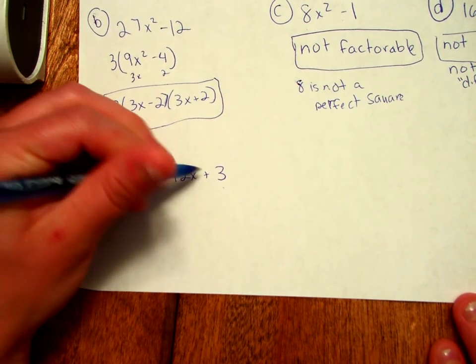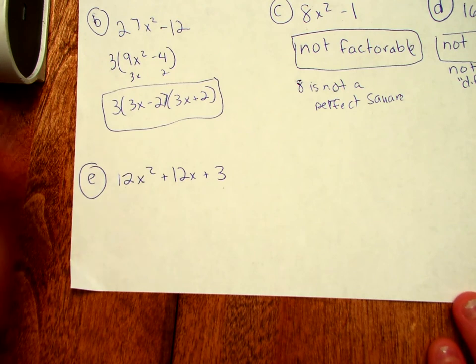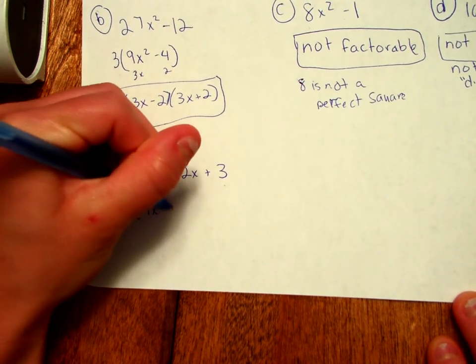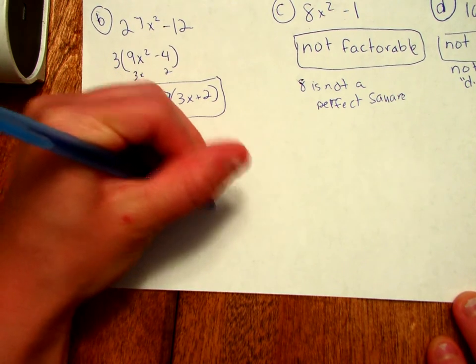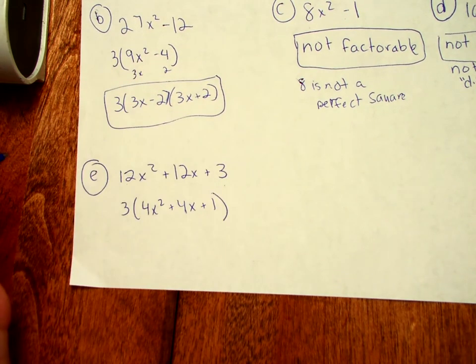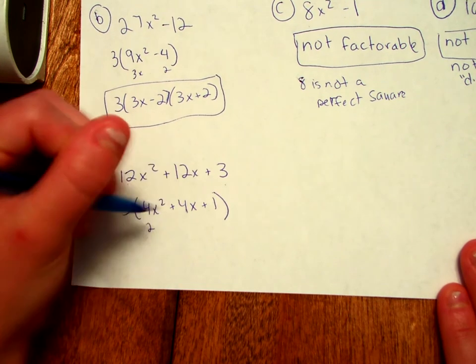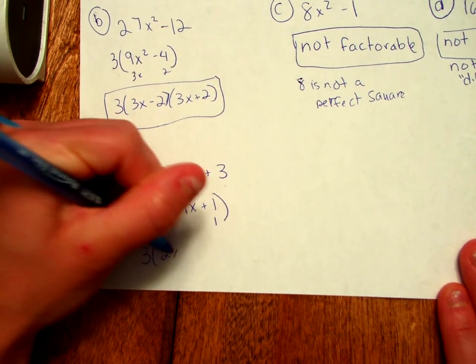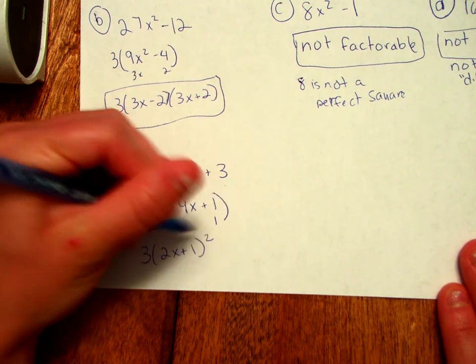What number is the greatest number that goes into all three? The number 3. Leaving you with 4x squared plus 4x plus 1. And that tells you here, perfect square, 3 times 2x plus 1 squared.